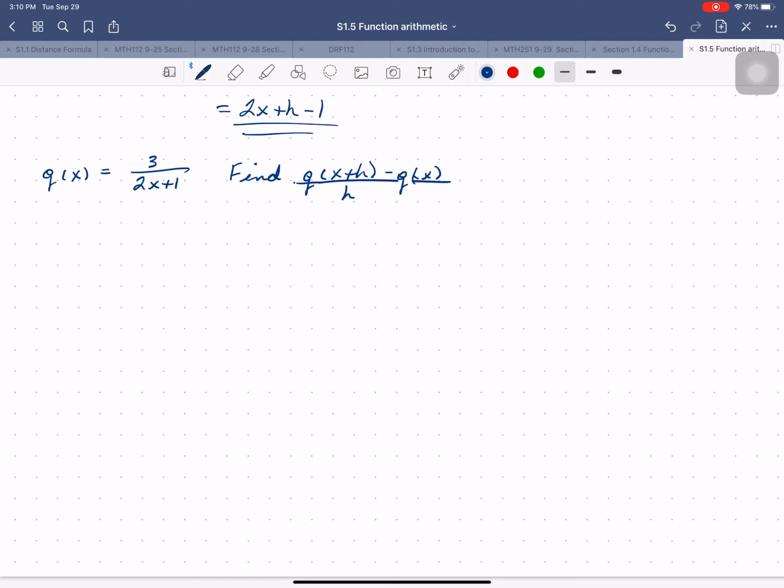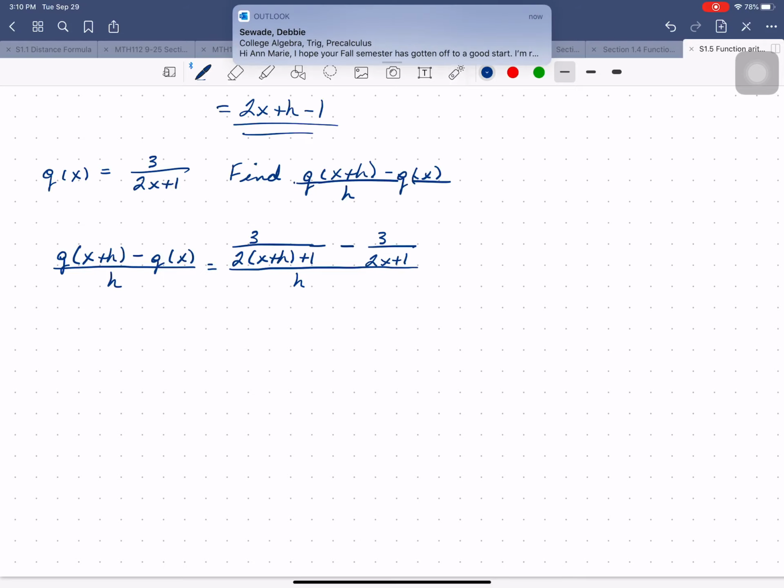So this is g of x plus h minus g of x all over h is equal to 3 over 2 times x plus h plus 1. That's g of x plus h. Minus g of x is 3 over 2x plus 1, all over h. All right, so we've got some work to do in that numerator.